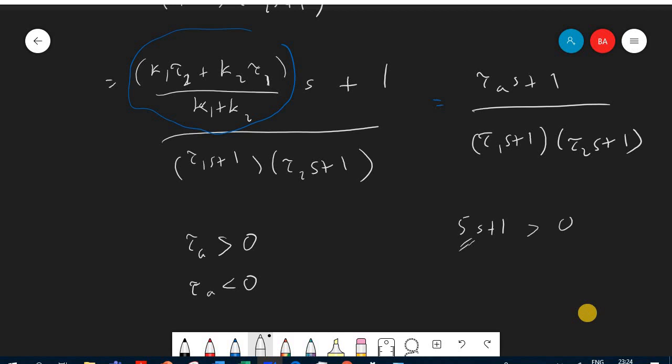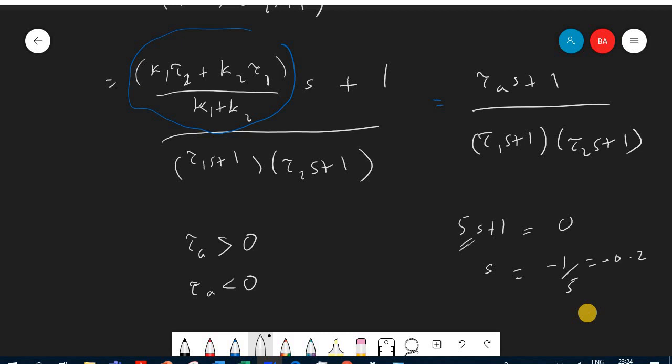So 5s plus 1 is equal to 0, so s is equal to minus 0.2.